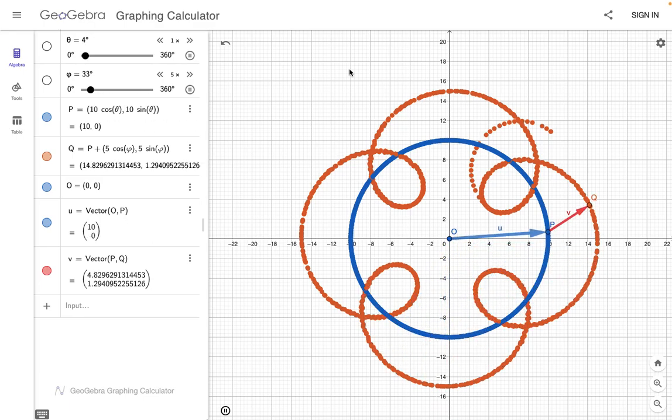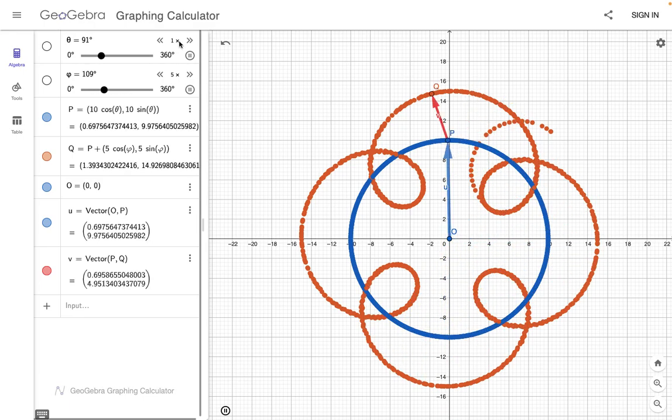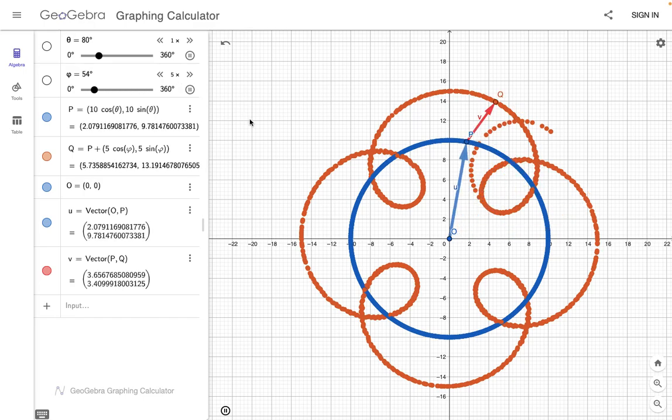Another thing you can observe is that I have taken speed 1x for theta and 5x for phi. That means the angular speed of the vector PQ is 5 times that of the vector OP.